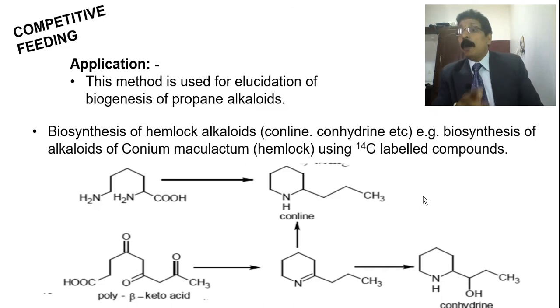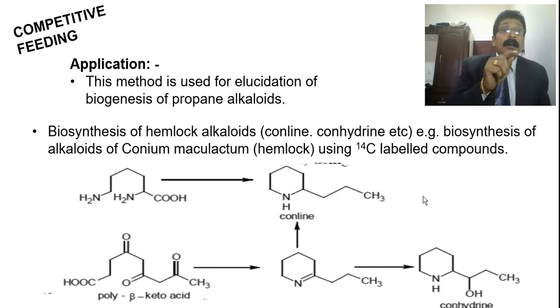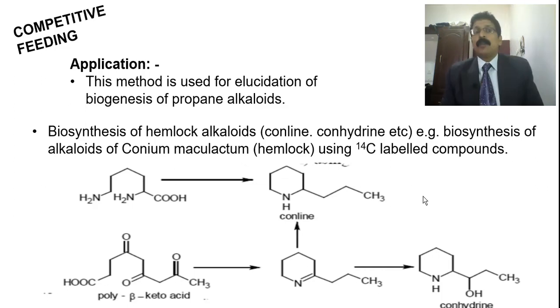An example for competitive feeding is shown in this slide. You see here, this method is used to elucidate the biogenesis of propane alkaloids and the biosynthesis of hemlock alkaloids.